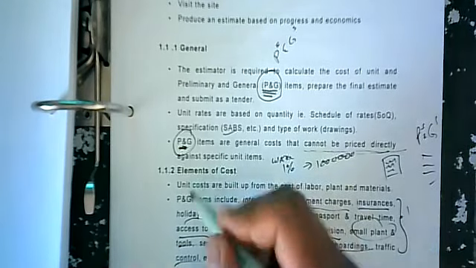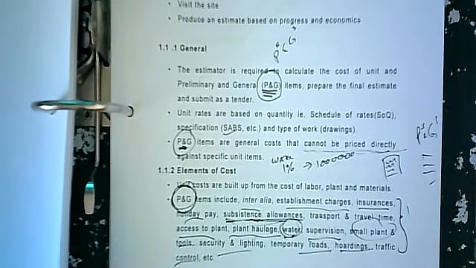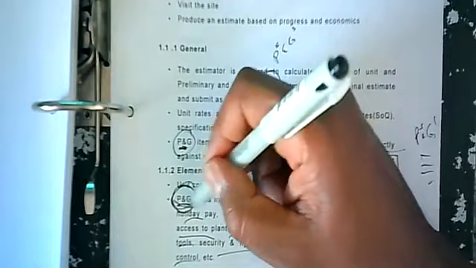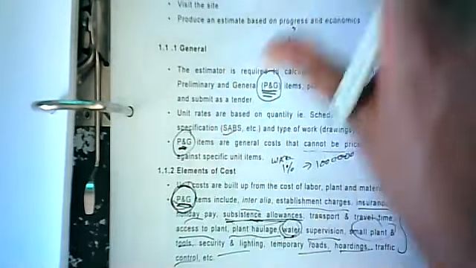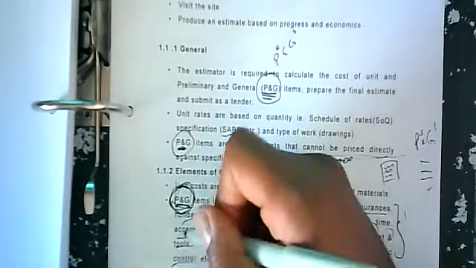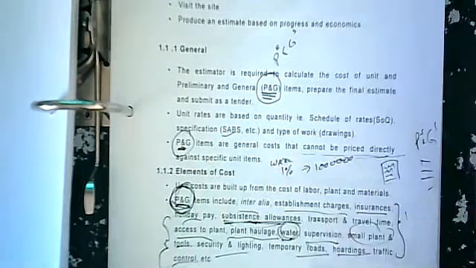How do you pay for it? You pay for it in P's and G's. All right, we'll come to what a bill of quantities looks like, and then you will see the location of the P's and G's and how the money is located in the tender document for all of these items. All right, let's move on.